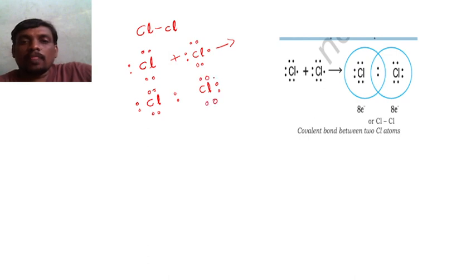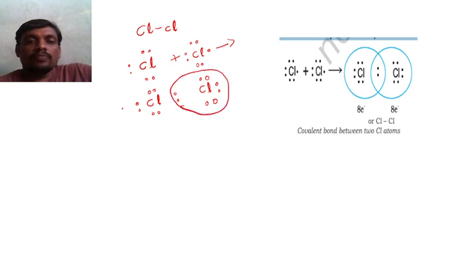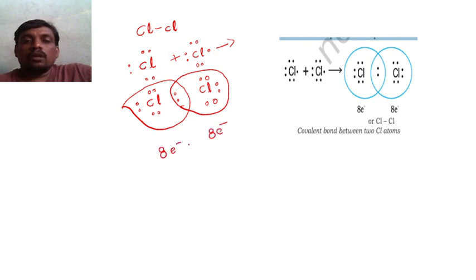Imagine this is one of the bonds. Where are the valence electrons? These are the valence electrons. By sharing these electrons, a bond formation occurs between them, called a covalent bond. This gives a specific stability to chlorine atoms.